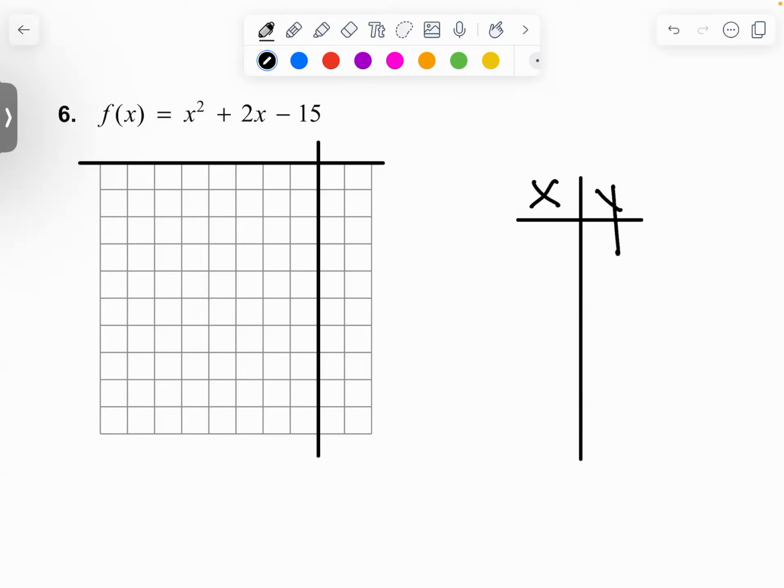What are we going to have to do, Maddie? We're going to have to put it into intercept form. And how are we going to take ax squared plus bx plus c and put it into intercept form? By factoring. Our favorite word.